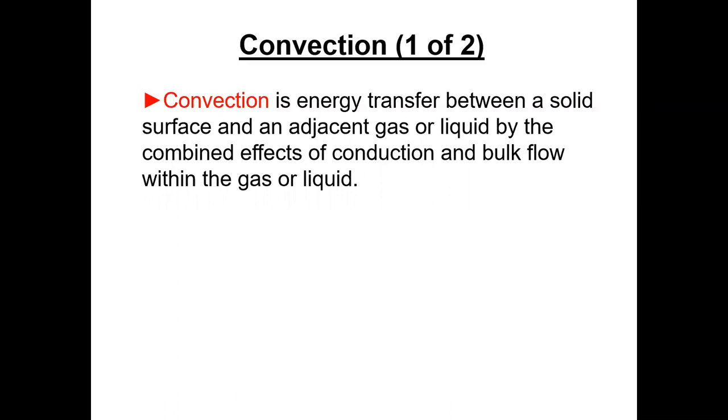Lots of convection out there. When the wind blows up against the side of the building, that's convection. It could be a cold wind in the wintertime or a hot wind in the summertime, whatever. So energy transfer between a solid surface and an adjacent gas, and then it could be a gas or it could be a liquid. Applies to, like, using cooling water to flow over something.